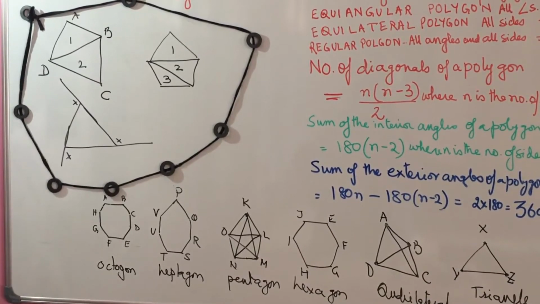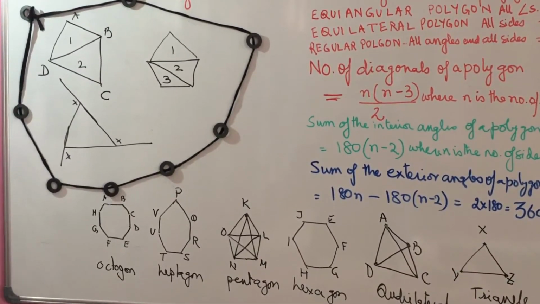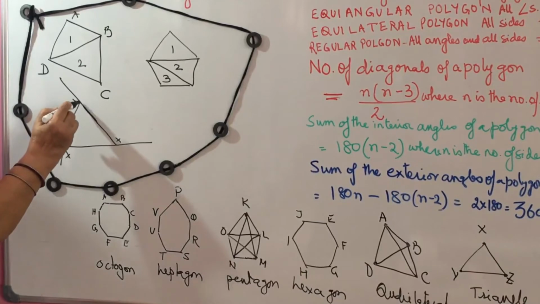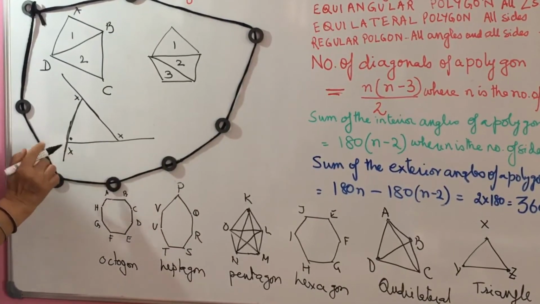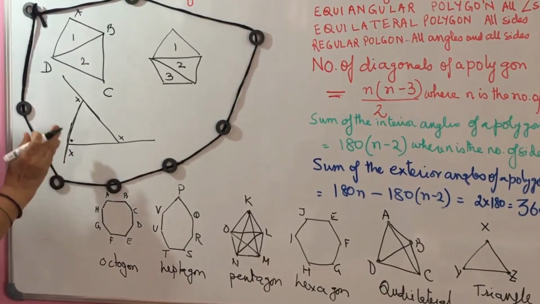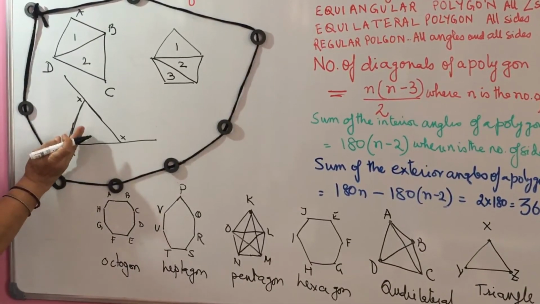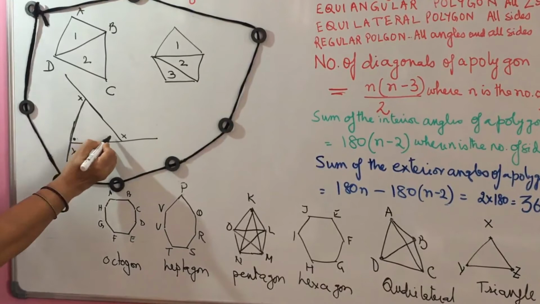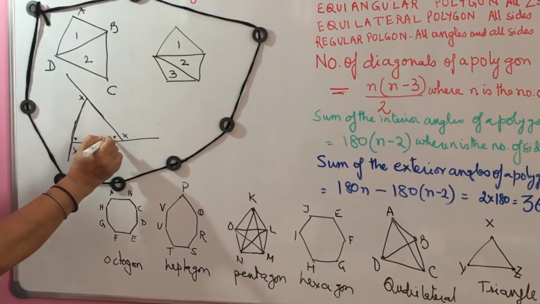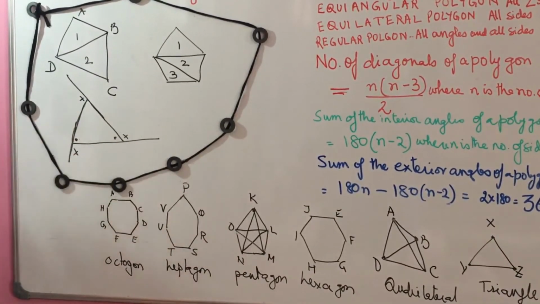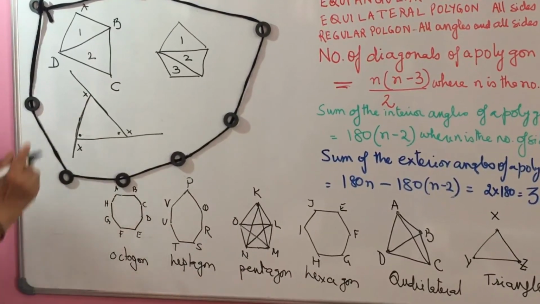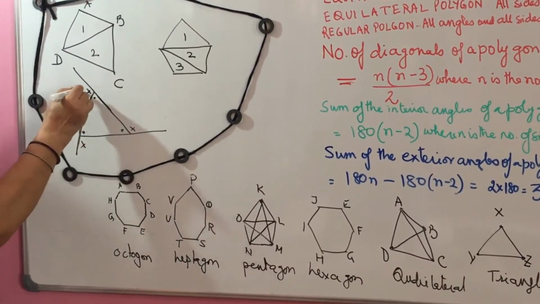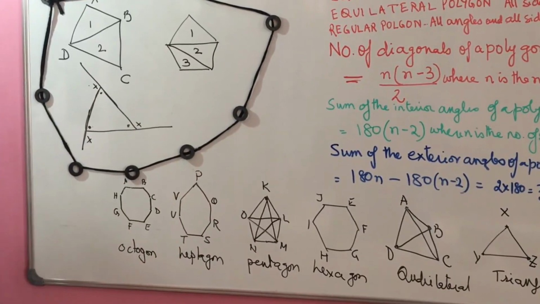We can calculate it. Now in a triangle, these 2 angles form 180 degrees as they are angles on the same side of the line. Similarly, these 2 angles add up to 180 degrees, and these 2 angles also add up to 180 degrees.